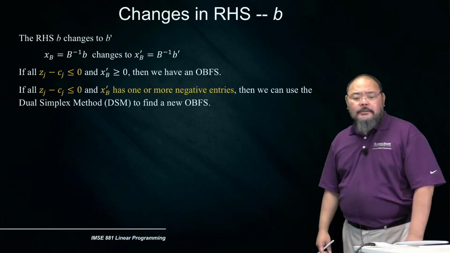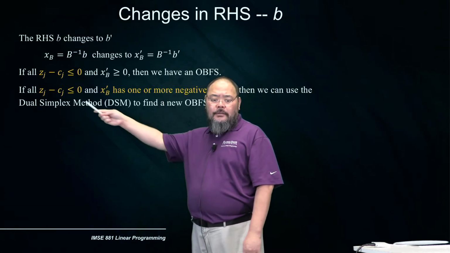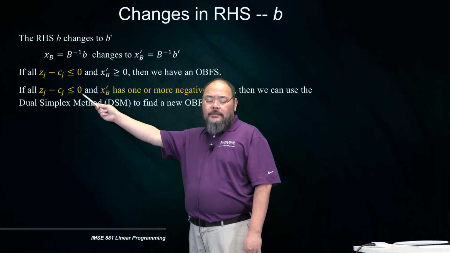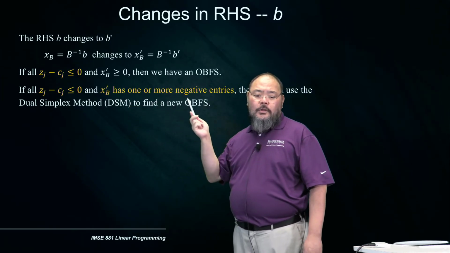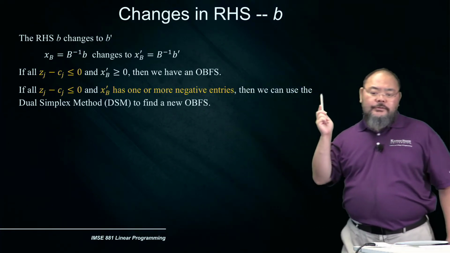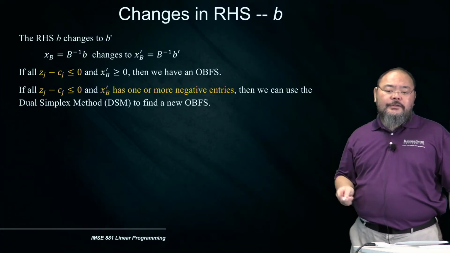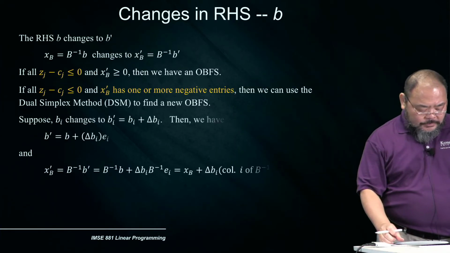Or if Zj minus Cj is less than or equal to 0, but one or more elements of XB prime become negative, then we use the so-called dual simplex method to find the new optimal basic feasible solution.